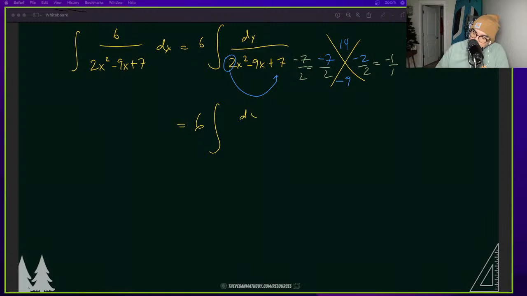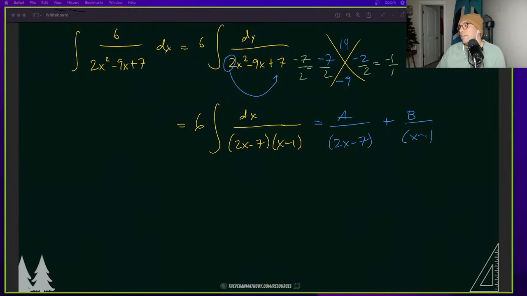So look how this is going to factor out. I have dx on top. And then the bottom, I have 2x minus 7 and then x minus 1. Nice. All right. So as I mentioned, it looks like it's going to be a partial fractions type problem. So we are going to have to write this as A over 2x minus 7 plus B over x minus 1.